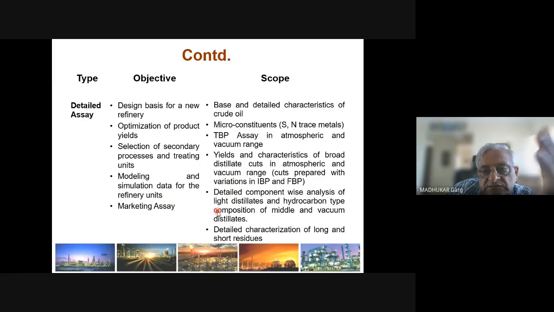Similarly, for example, if you're talking about naphtha. Now, if the naphtha fraction, which is boiling in the range of 110 to 160 cut, has higher content of naphthenes, then if you put that feed into a catalytic reformer, you'll get more aromatics, and we'll learn all this later.